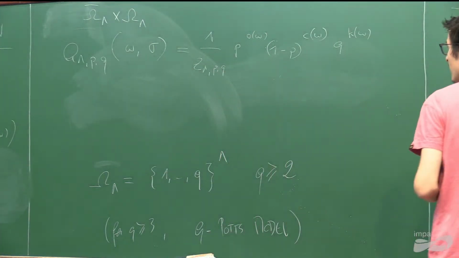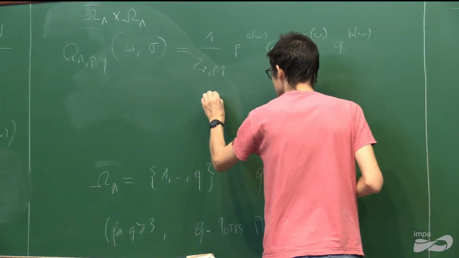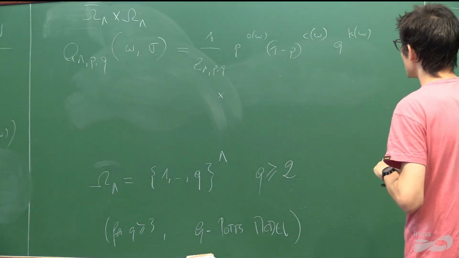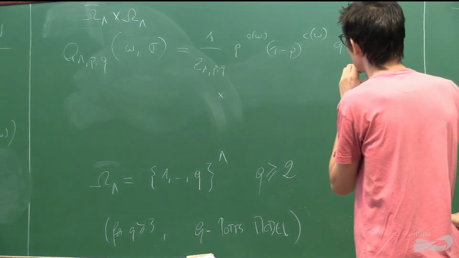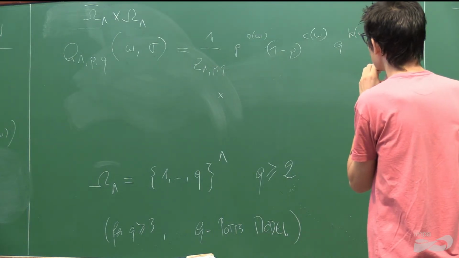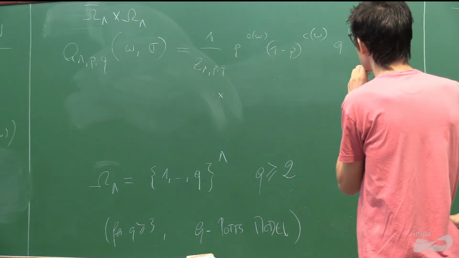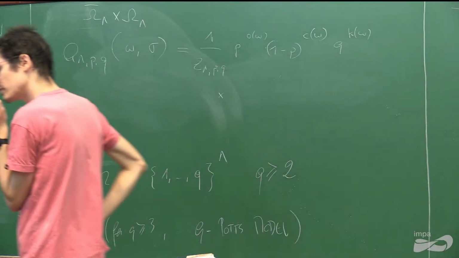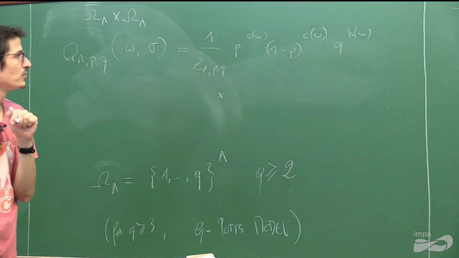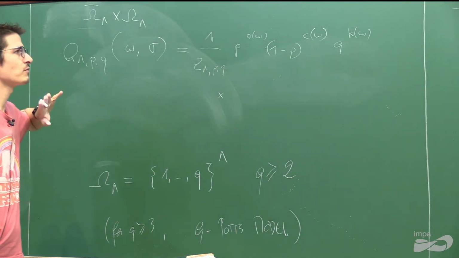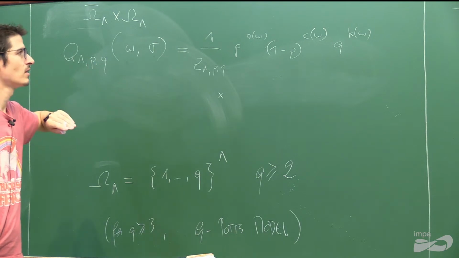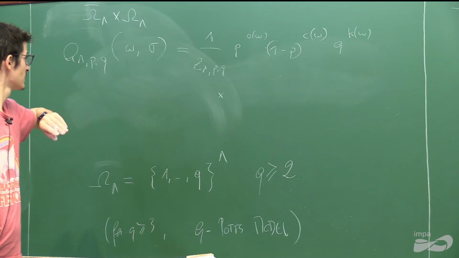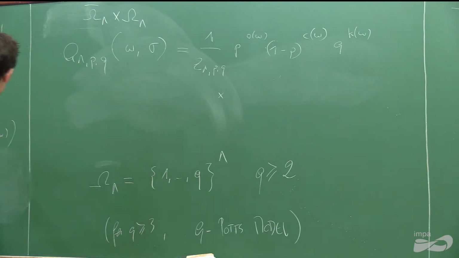So, what should sigma satisfy? The first thing is that sigma should be monochromatic on every connected component of this graph.